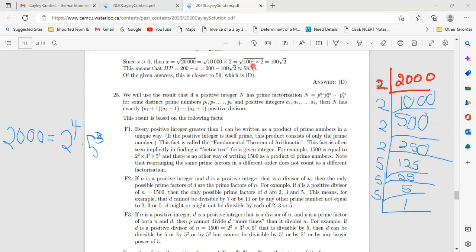All right, so it is 2 raised to the power 4 times 5 raised to the power 3.